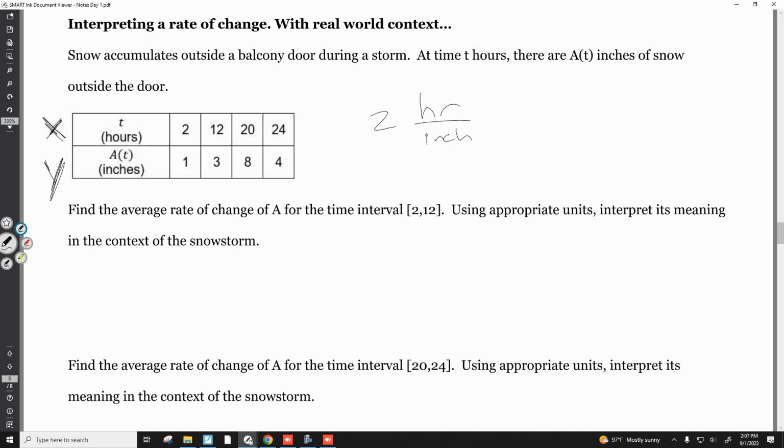Or would you rather hear, hey, inches per hour? What makes more sense? What is more used more in the real world? Hours to accumulate 1 inch or inches per hour? Tell your neighbors. Yeah, it just makes sense. Inches per hour is how we do it. Y's per x, inches per hour. So make sure you put your inches per hour.